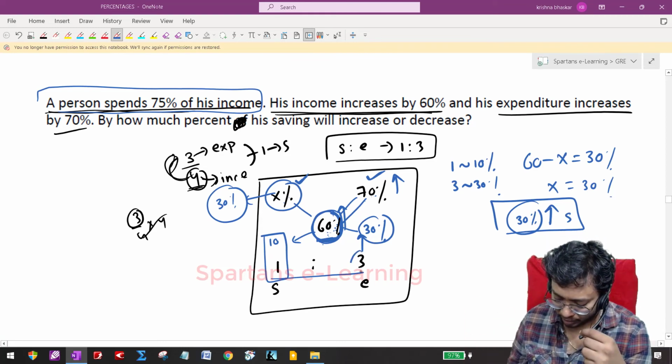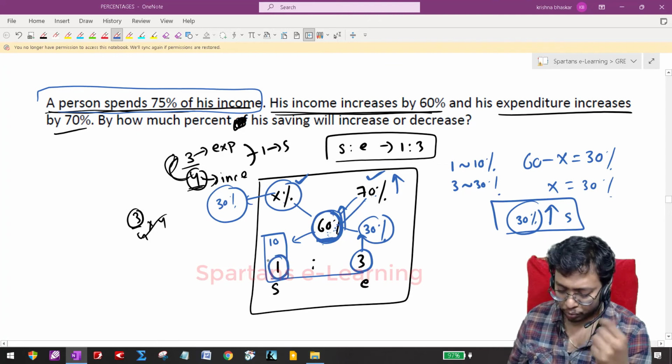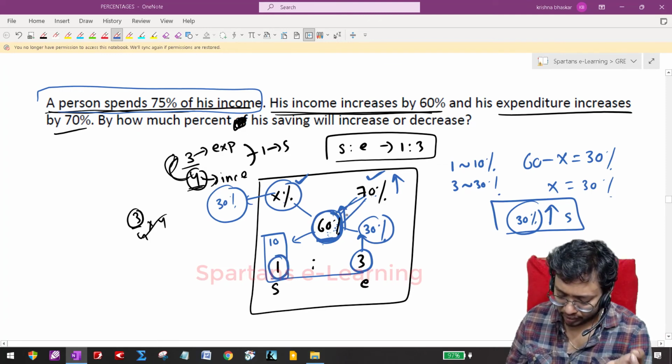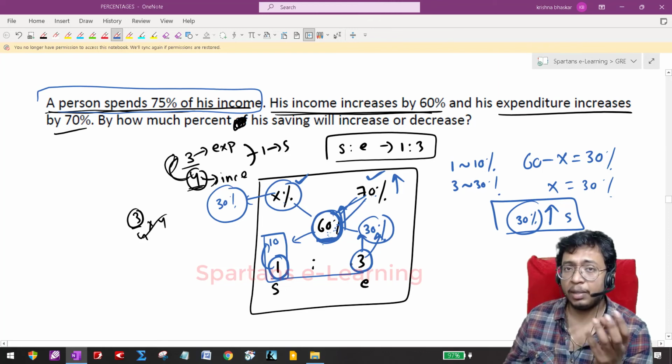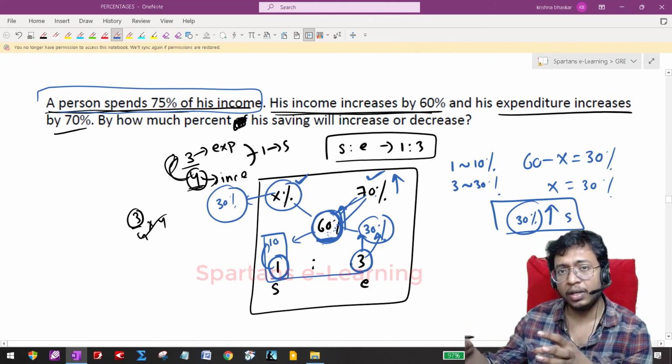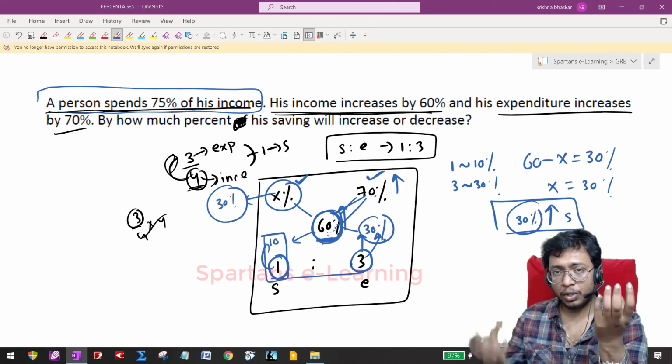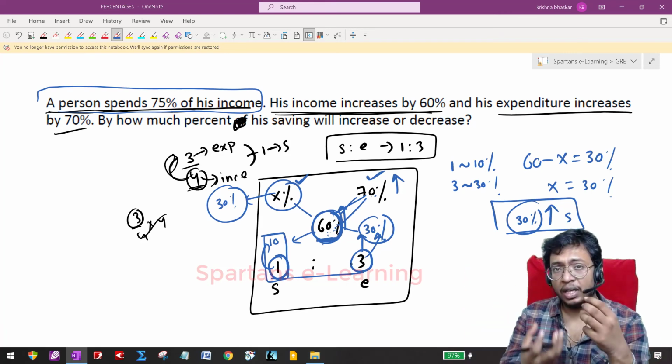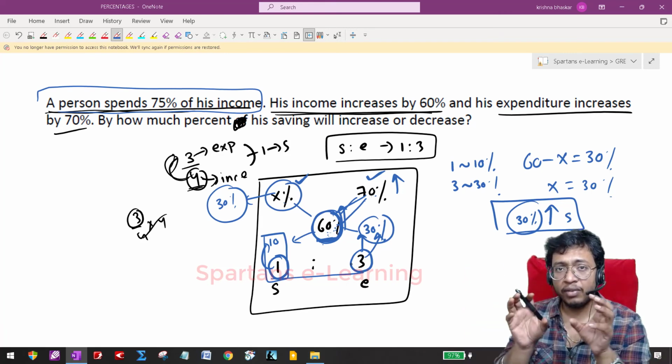Expenditure is 3 parts, savings is 1 part. If you do 70 minus 60, you get 10. So 1 value is equivalent to 10, which means 3 value will be equivalent to 30. Now I told you your average will always lie somewhere between the two extremities, right? Average 1 and average 2 mixing together give average 3, which will be somewhere in between.